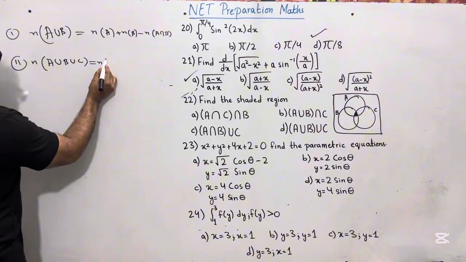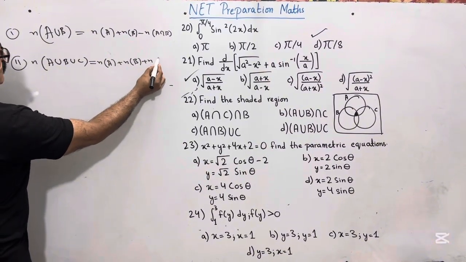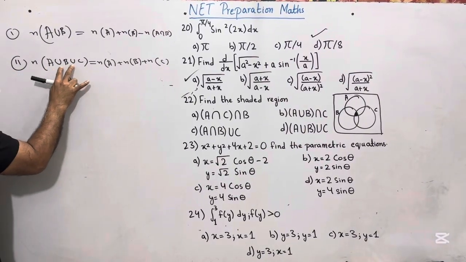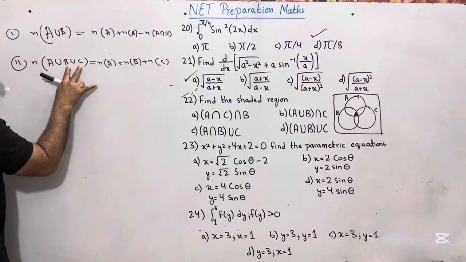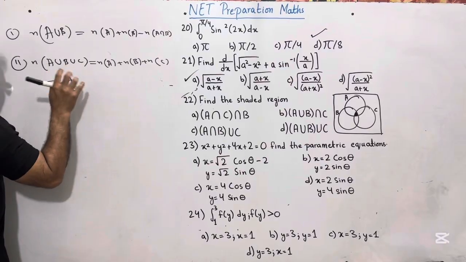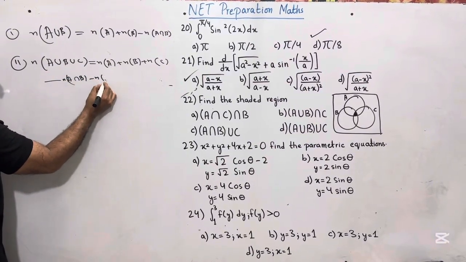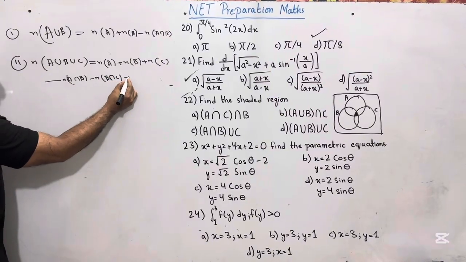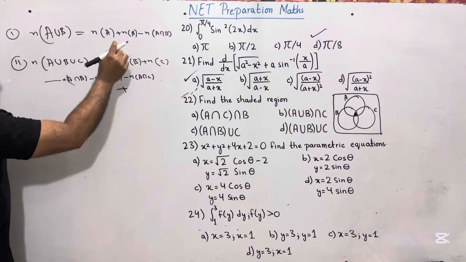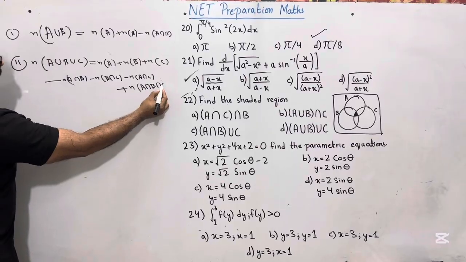It's equal to number of elements in A plus number of elements in B plus number of elements in C, subtracting intersection of AB, BC and AC, that is, subtracting the overlapping portions: A intersection B, B intersection C, A intersection C, and restoring the intersection of all these three, number of elements in A intersection B intersection C.